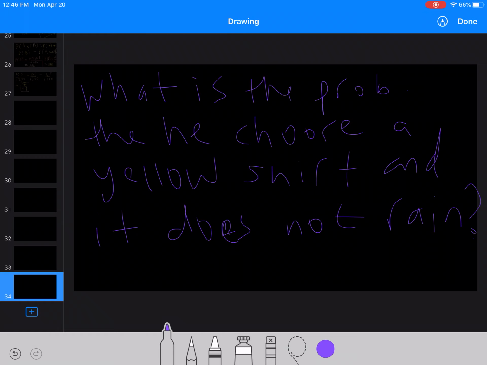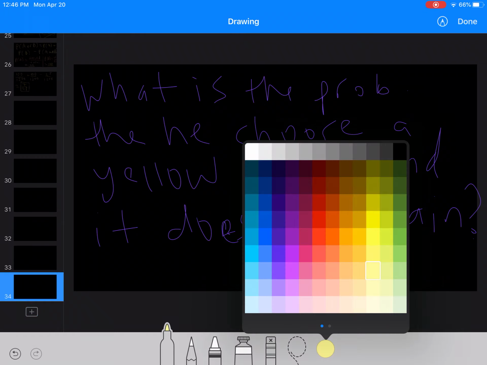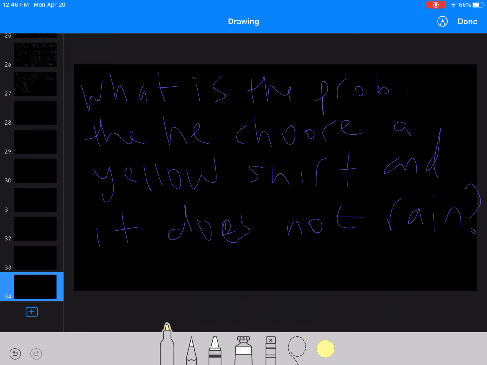Okay, so these events are independent of each other. Choosing a shirt does not increase or decrease the chance of rain, or raining does not increase or decrease his possibility of choosing one of those 4 shirt colors. Now, if there was a jacket or a raincoat, maybe that might depend. But these are just 4 regular old t-shirts.